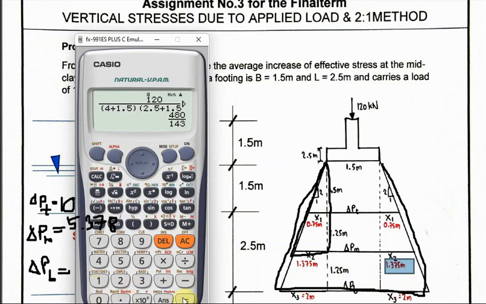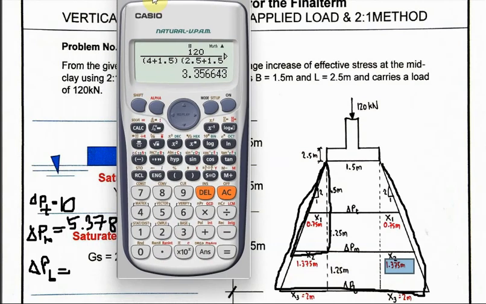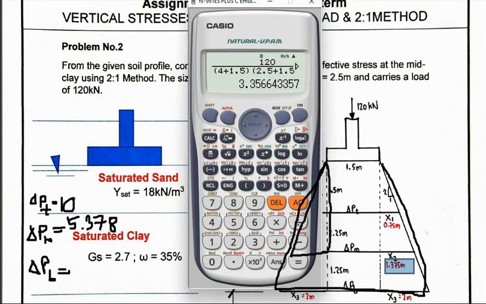So naakay 3.30, sakto ba? 2 plus 2, 1.5 dayon, 4 plus 2.5 plus 1.5 plus 2.5. Okay, sakto siya. Natay 3.30357.